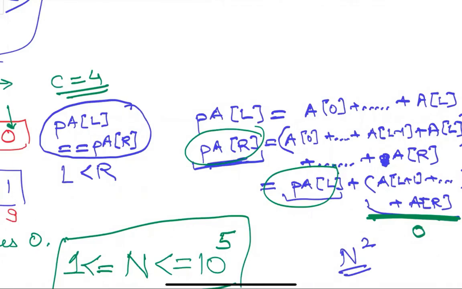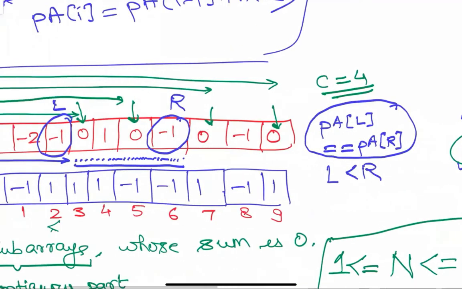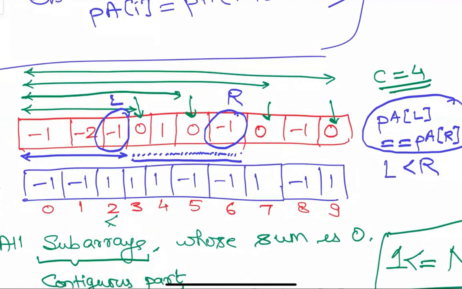Okay, that means if two indices have the same values, if you see here it was -1, here it is -1, so we conclude that after this, whatever subarray you have, look at the original array. What is the sum of this subarray? 0. And you saw another -1 here.